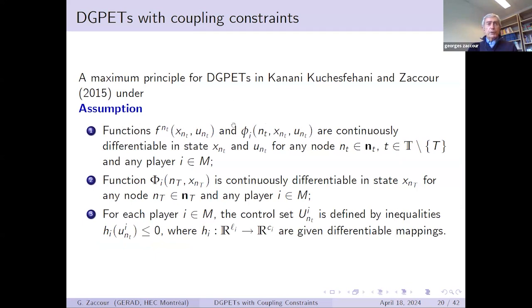In a JOTA paper, she showed that under the following assumptions, meaning that the right-hand side of the dynamics and running payoff are continuously differentiable in the state and control, the terminal payoff is continuously differentiable in the state, and if the control set U_i and T is defined by inequalities, mappings R^{l_i} into R^{c_i} are given differentiable mappings, then under these assumptions, you can state a maximum principle.